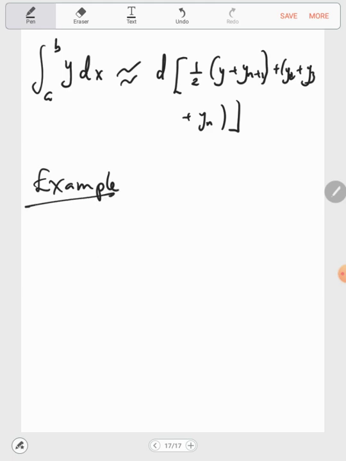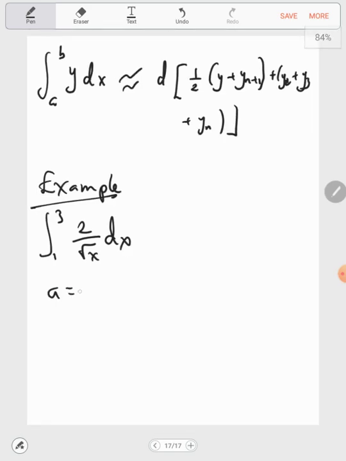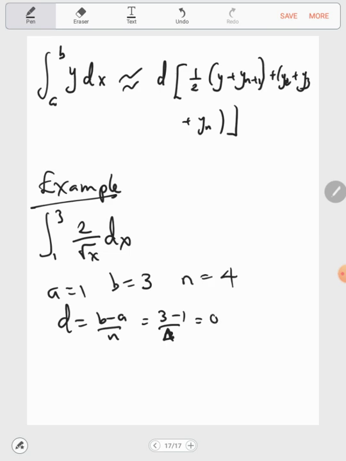Example. Use the trapezoidal rule with 4 intervals to evaluate this integral. Our A is 1, B is 3, and N is 4 intervals. So D is B minus A over N, which is 3 minus 1 over 4, and gives us 0.5.